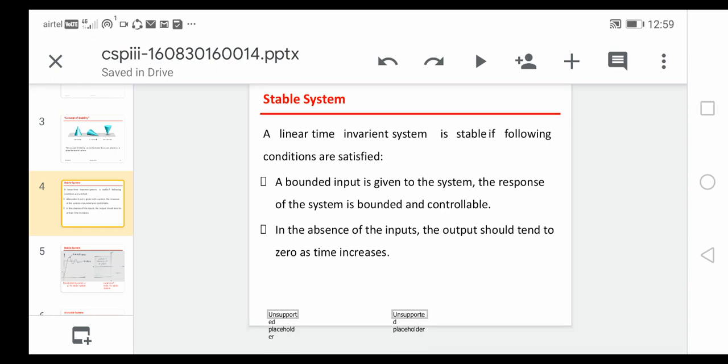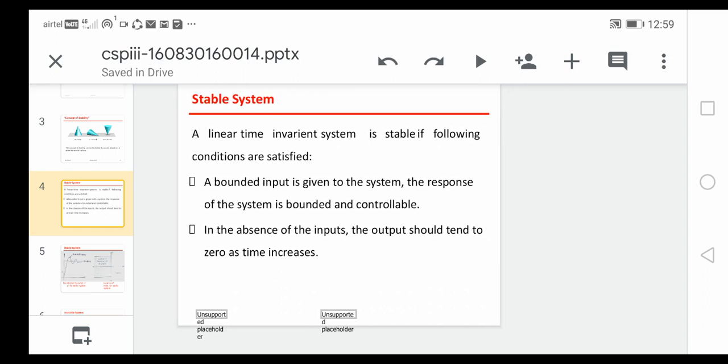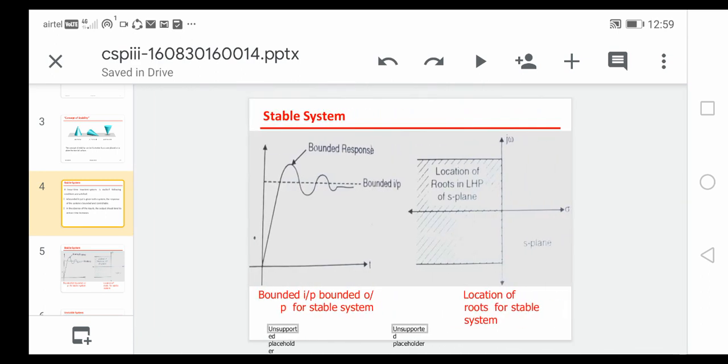That means, whatever the limits of the input, within the limits of that input only the output will be present; then only the system is stable, otherwise the system is unstable. In the absence of inputs, the output tends to 0 as time increases.